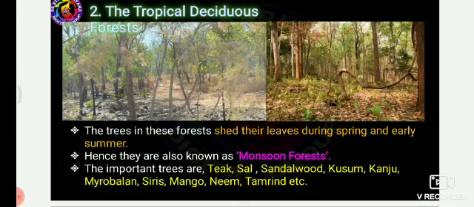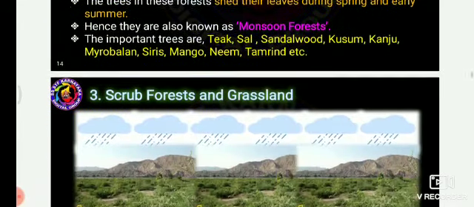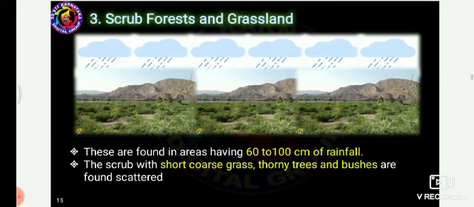They are also called monsoon forests because in the monsoon rain the leaves are very green, but in early summer, springtime, the leaves start withering. In these forests, very commercially valuable trees like sandalwood, sal, teak, kusum, kanju, neem, tamarind, mango, and myrobalan are found.